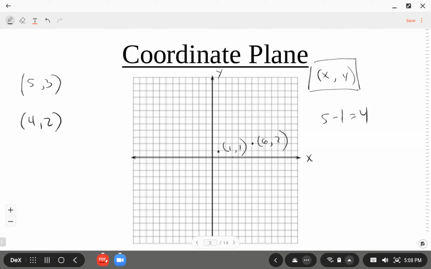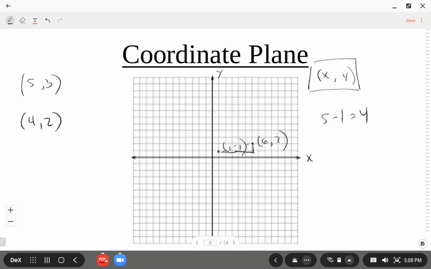Then you have to use the Pythagorean theorem, okay? Because you have to notice that you can form a triangle using these, and then using the Pythagorean theorem, you can find the distance between them. And also, using the Pythagorean theorem, you can also find the middle point of these two coordinates.